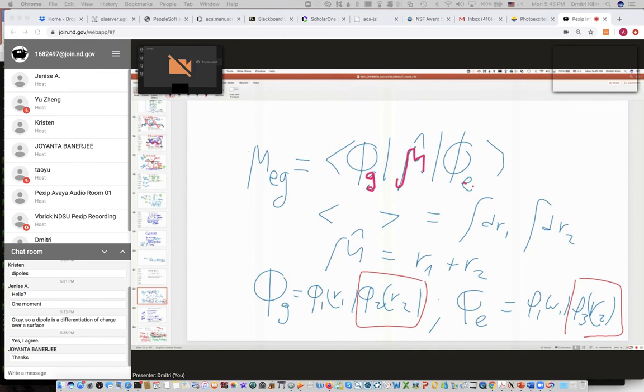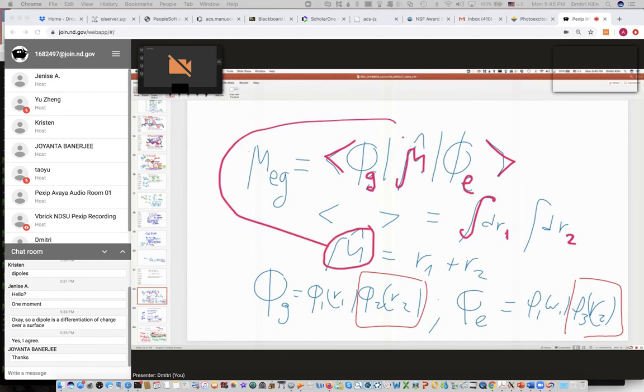The bra and ket angular brackets are equivalent to integration over the first electron position and second electron position. The operator in between is the summation of position operators for the first and second electron.